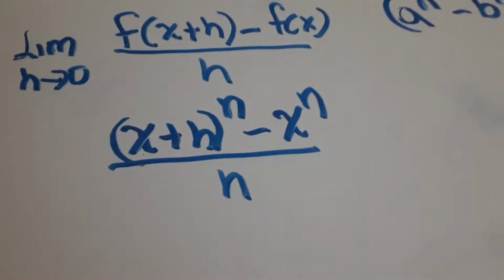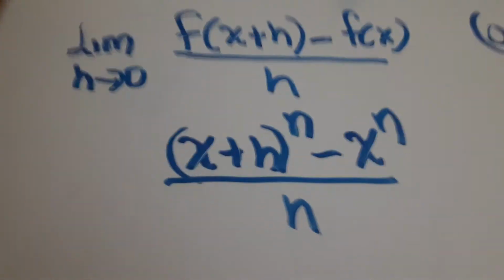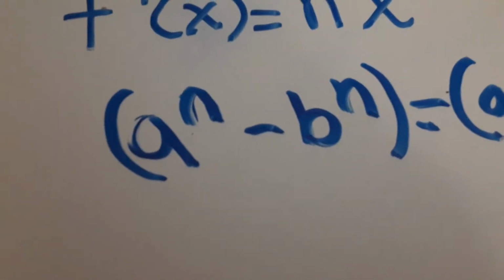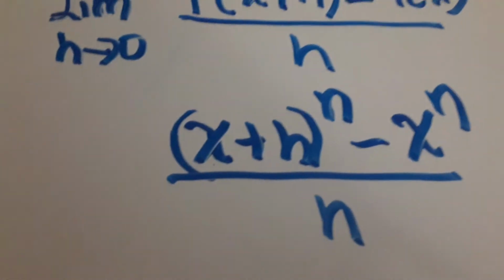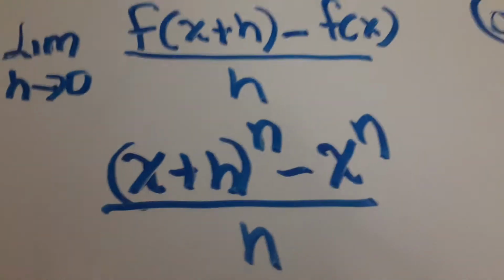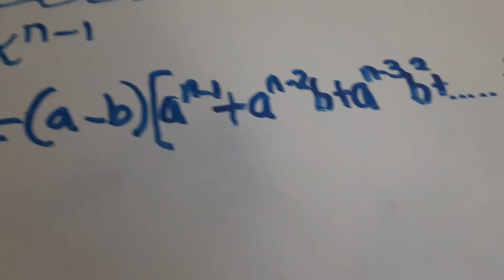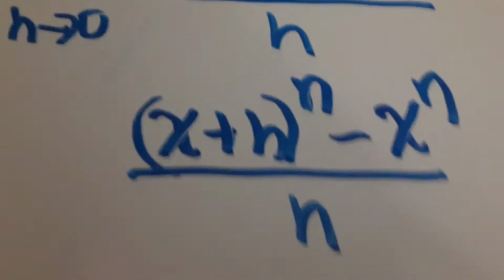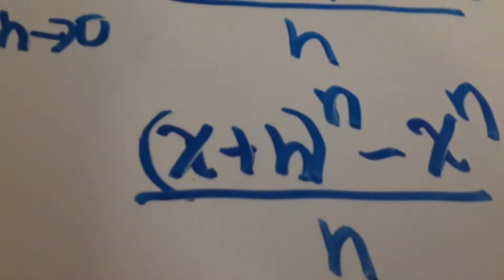So what you notice here is that you have a difference of 2 n powers, right? You see a to the n minus b to the n. I have x plus h to the n minus x to the n. So I'm going to use that identity to expand these 2 powers.